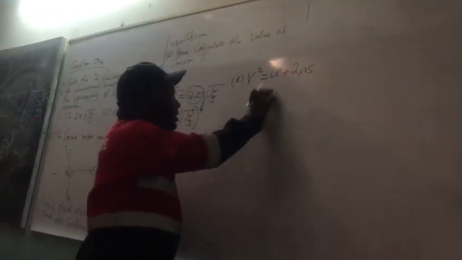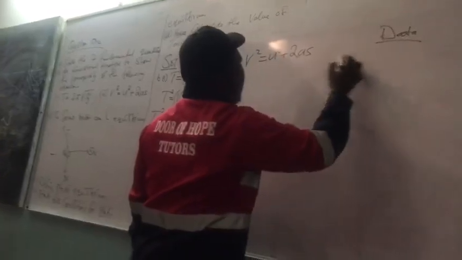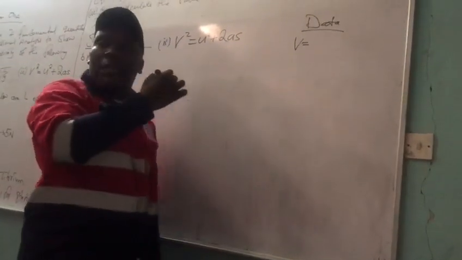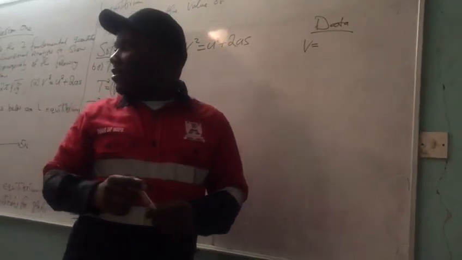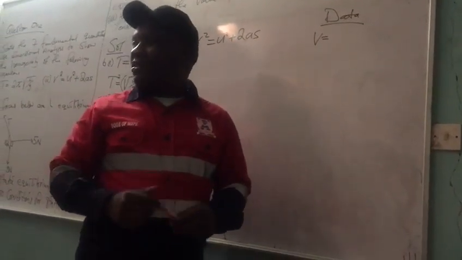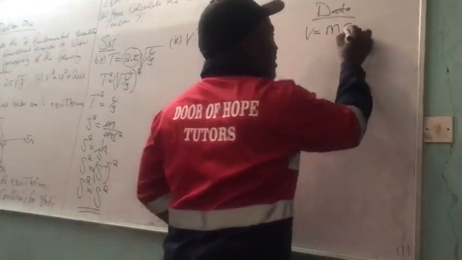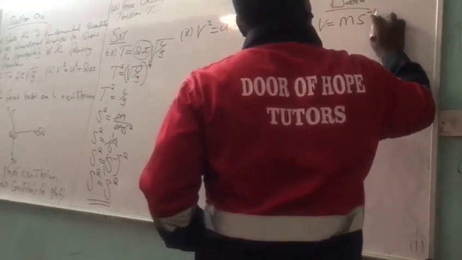So if we collect data from this question, you have v is what? V is velocity measured in what? Meters per second.